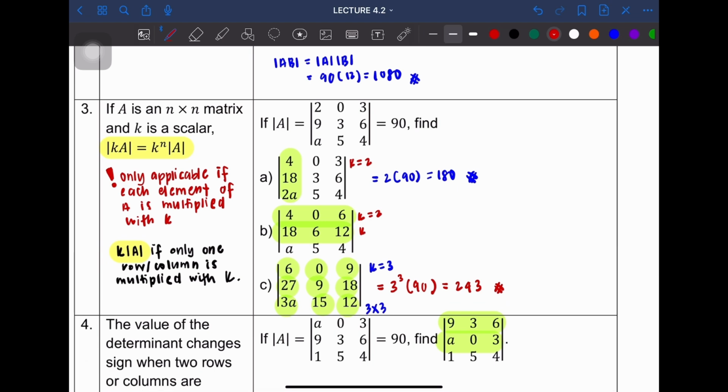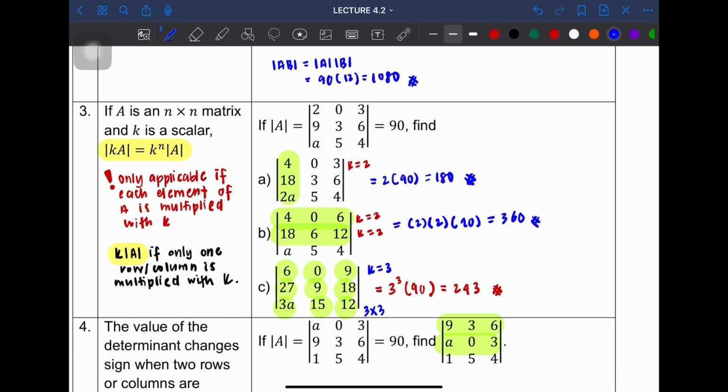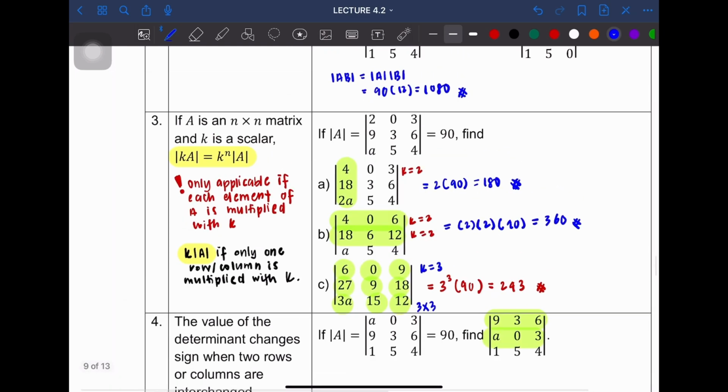So they multiplied the first row with 2 and the second row as well with 2. So based on the formula, you're going to multiply the first k, and then the second k, and then the original determinant. So you're going to get 360 as your determinant. Okay, so that's the third property.